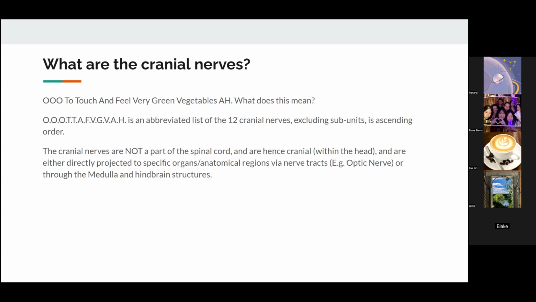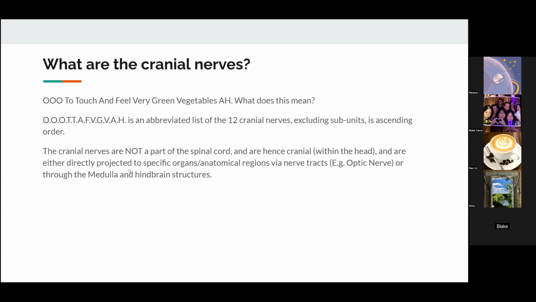Taking that as a no. Okay. Yeah, no worries. So these are the order of the cranial nerves from OOO, the first three, to touch and feel, very green vegetables, ah. The first letters of each of these words are the first letters of the cranial nerves, or what they're called.